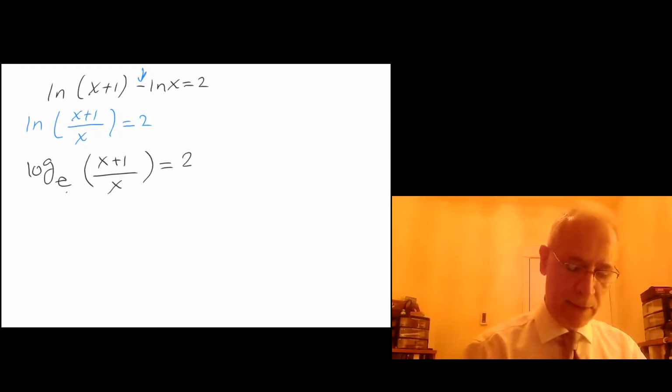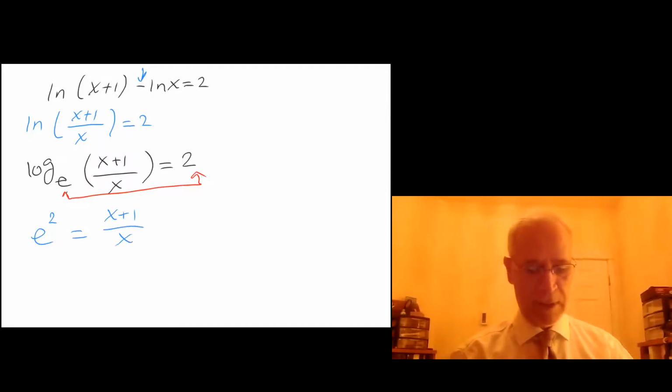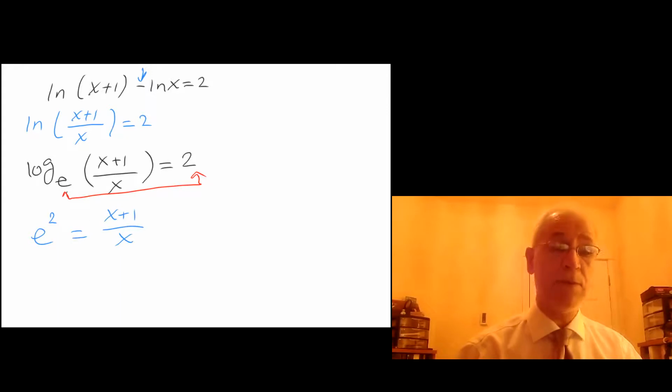Now I know that this base to this power, in other words, e to the second power, must equal x plus 1 over x. Multiplying both sides of this equation by x, the LCD, will result in e to the second times x equals x plus 1.